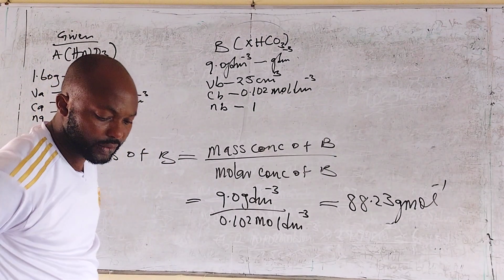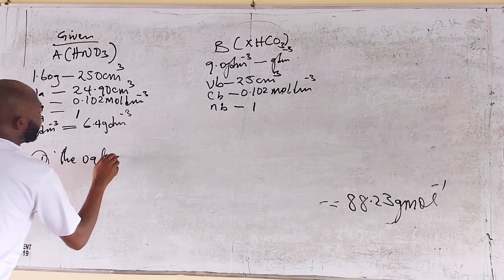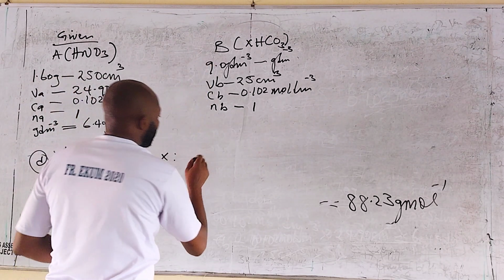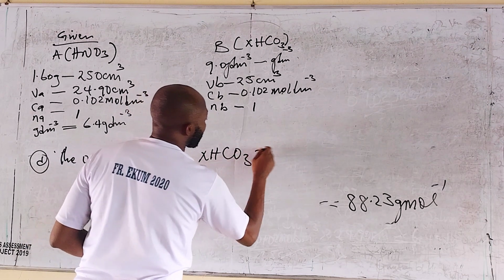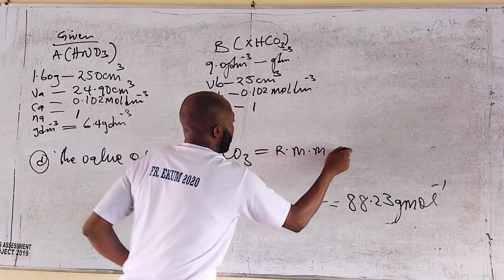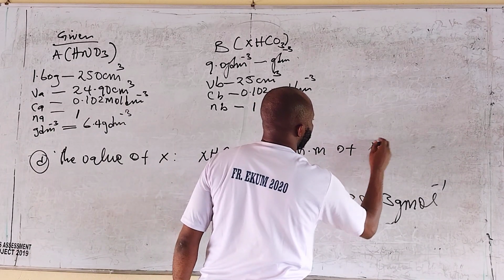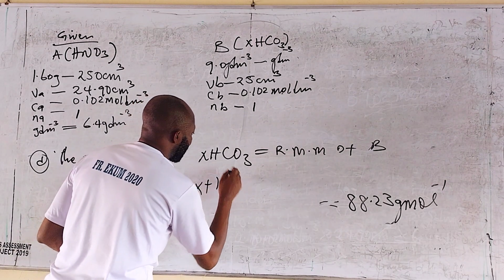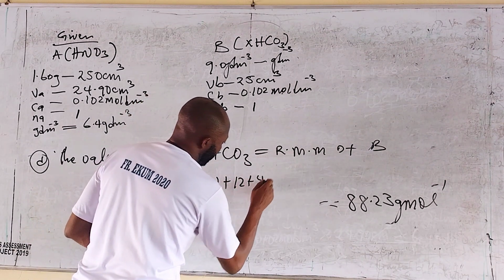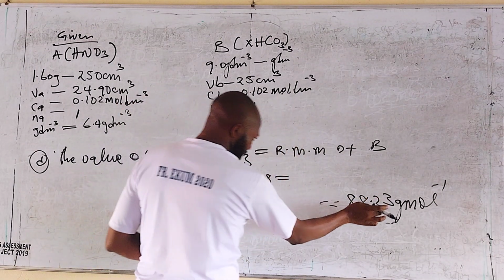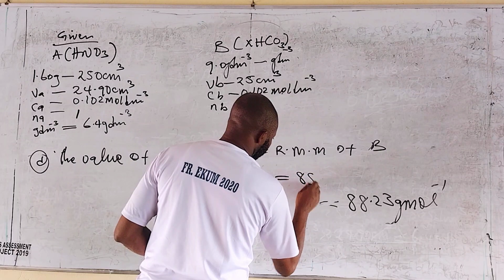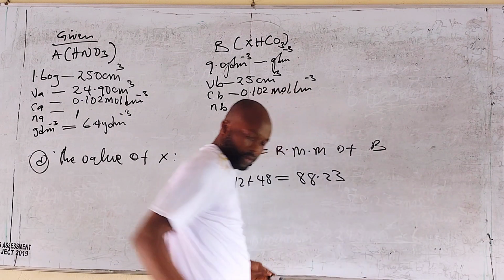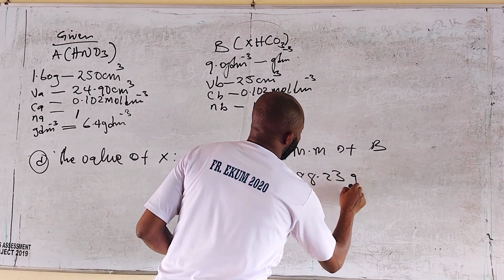That's question D, the value of X. To do that, we say XHCO3 is equal to the relative molecular mass of B. X is here, plus hydrogen 1, plus carbon 12, plus 16 times 3, which is 48. This is equal to the relative molecular mass, which is 88.23 g/mole.